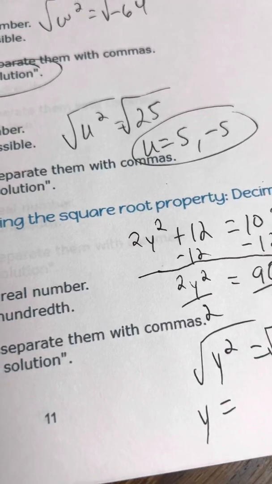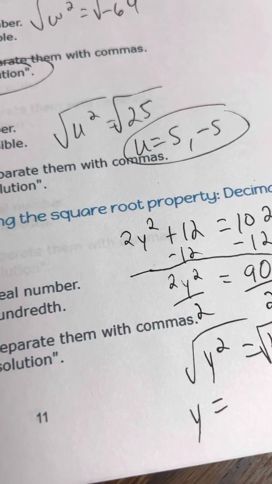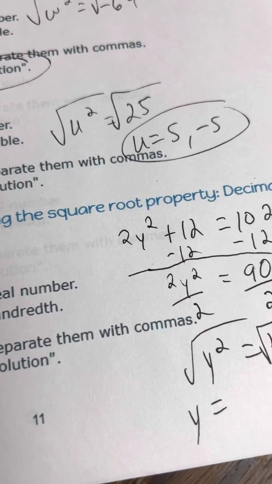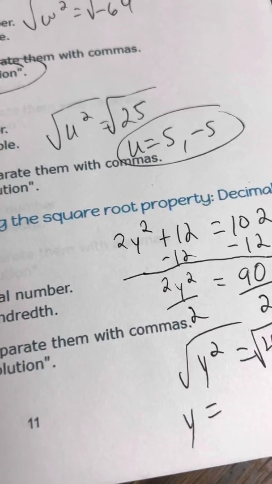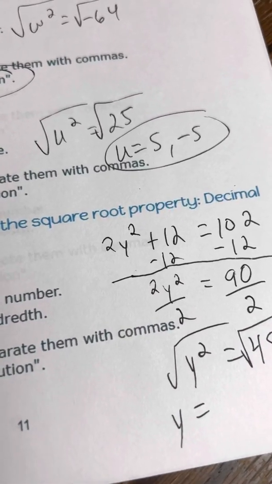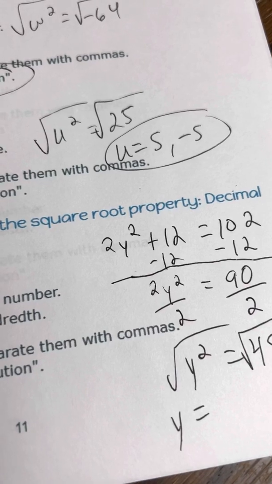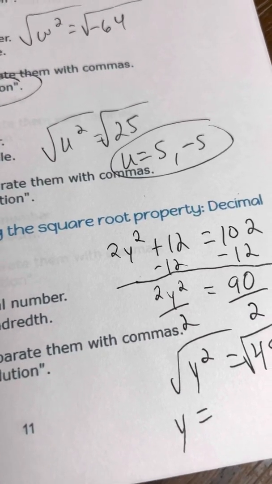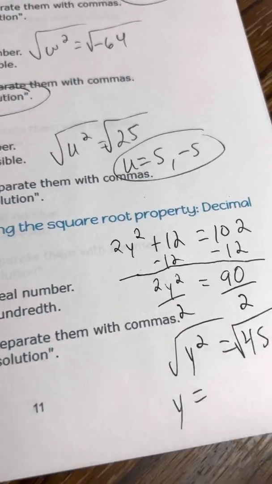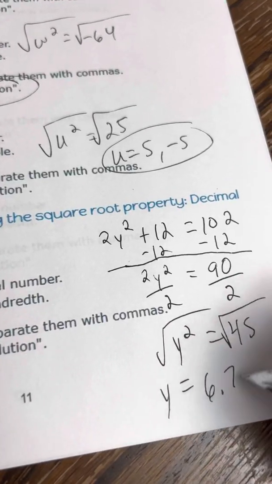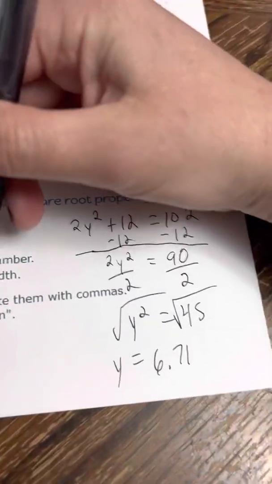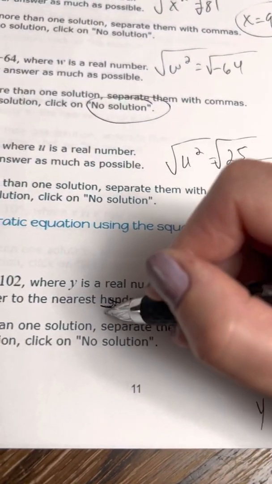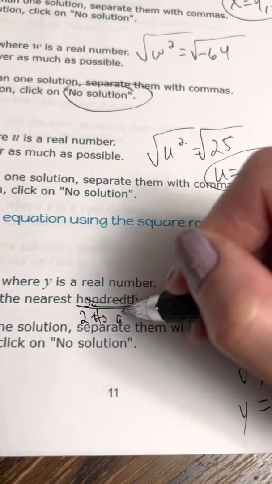Y is going to be, I'm typing this into the calculator, square root of 45. And you're going to get 6.71, because I'm going to round to the nearest 100th. So that's two numbers after the decimal.